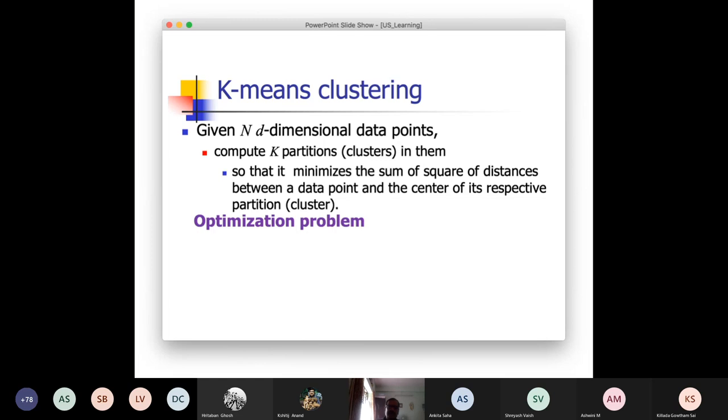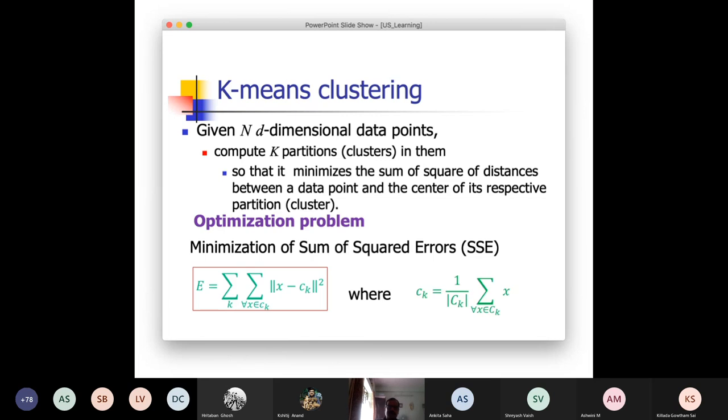So this is an optimization problem. As you see, we are minimizing the sum of squared errors, and this can be mathematically expressed in this fashion. Say you have the input data point represented as x, and if I consider there is a partition, this sum of squared error is defined with respect to a given partition. Suppose there are K partitions.